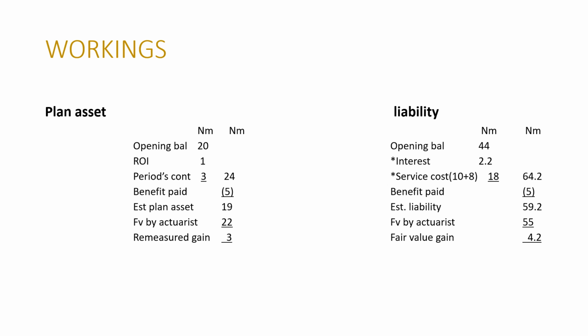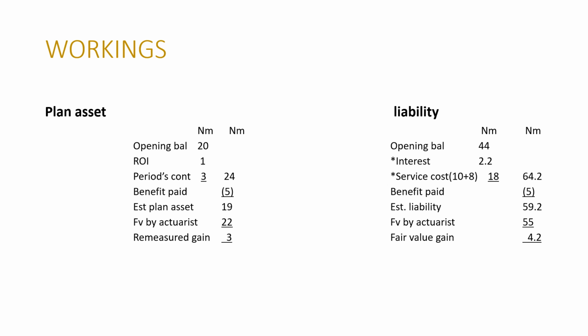Then 5% of 20 million will give us 1 million. Then the period's contribution of 3 million added to this will give us a total inflow of 24 million. But recall in the question that benefit was paid for 5 million. When you deduct that from the inflows, you have estimated plan asset of 19 million.